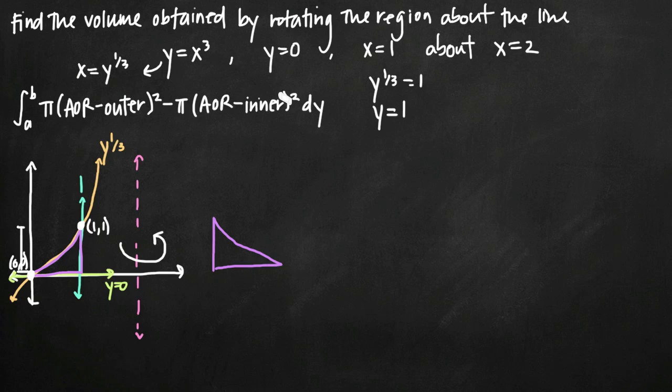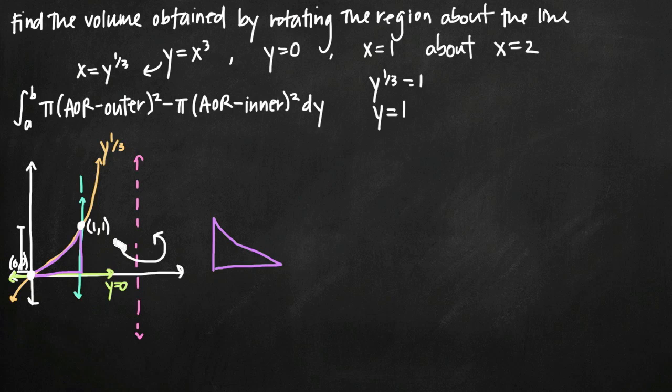So let's start looking at our formula here because we already know a is going to be 0 and b is going to be 1. What our formula for the volume tells us is that we have AOR here, which I've just abbreviated. It's basically axis of rotation. We know that the axis of rotation is the line x equals 2, so we're just going to be plugging in 2 for axis of rotation. But then we have outer curve and inner curve.